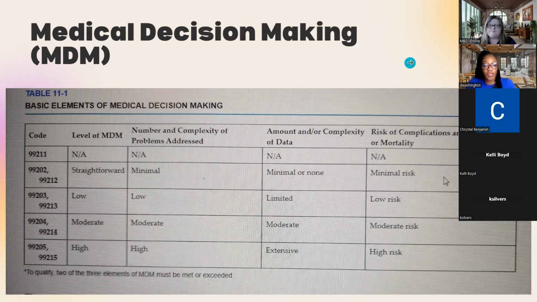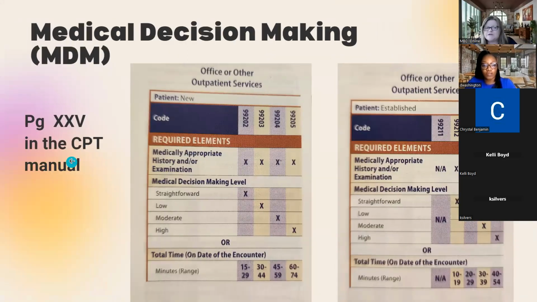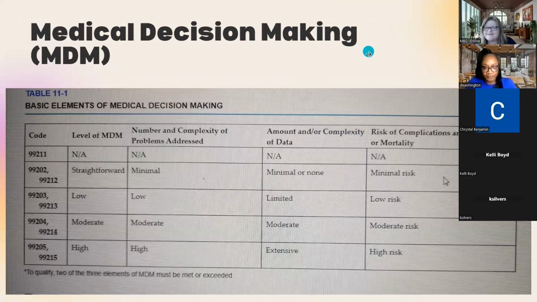And Miss Brandy, if I can add, if you can go back to your slide. If you notice your coding, just by looking at this, I can look at 99202 and see that this is a new patient code. The zeros in your coding are your new patient codes, and your existing codes have the 1 in them.